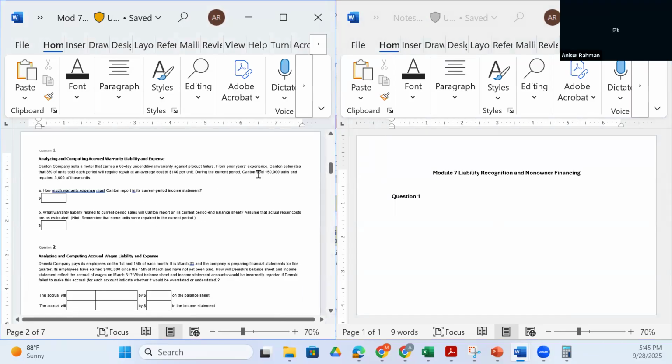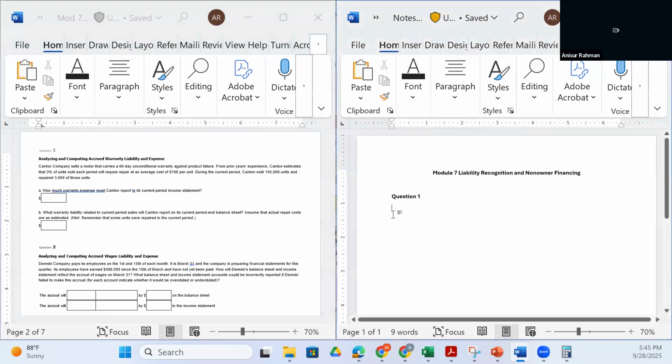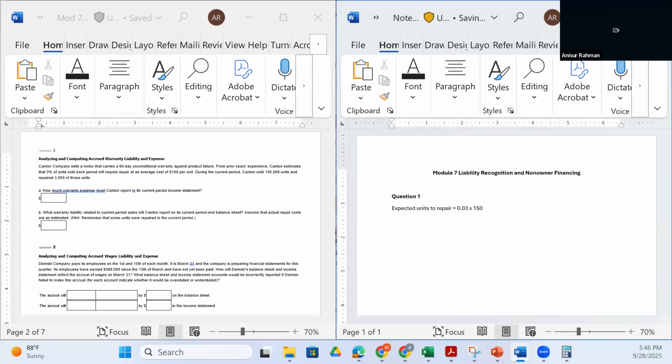So for example, they're saying that they expect 3% of units sold each period will require repair, right? So we will say expected units to repair is equal to 0.03 times our total sales, 150,000 units.